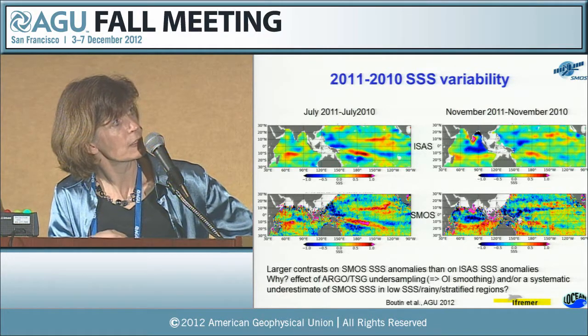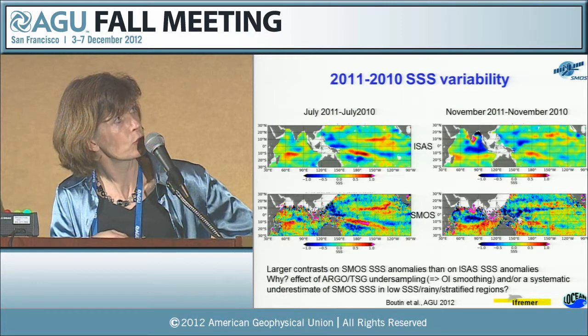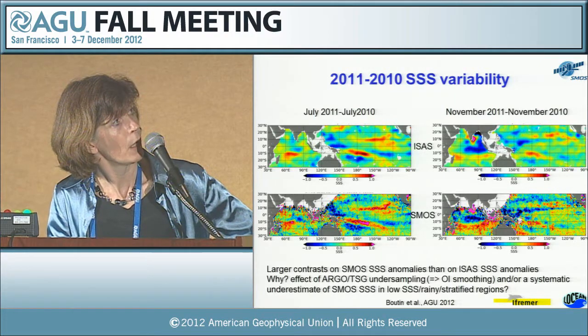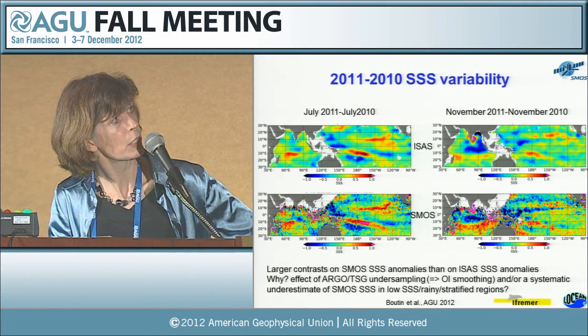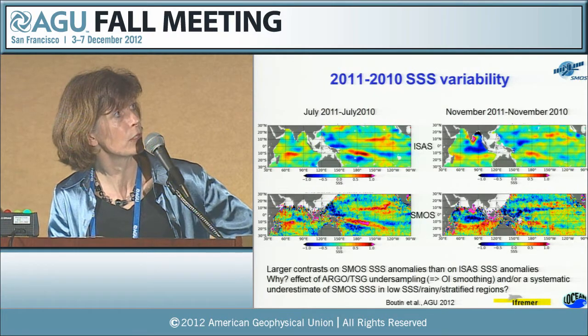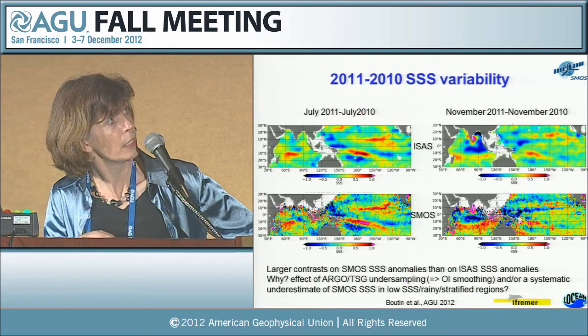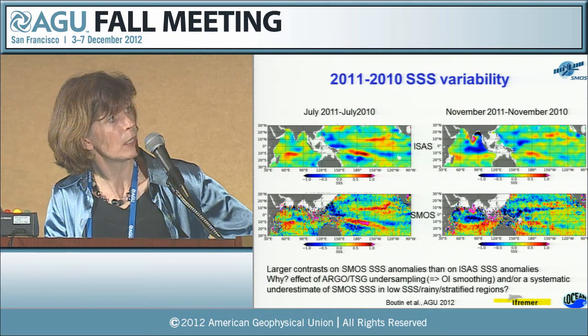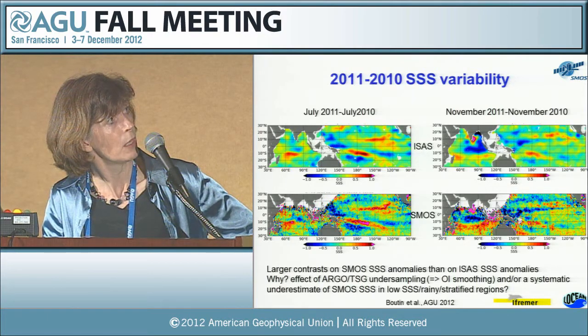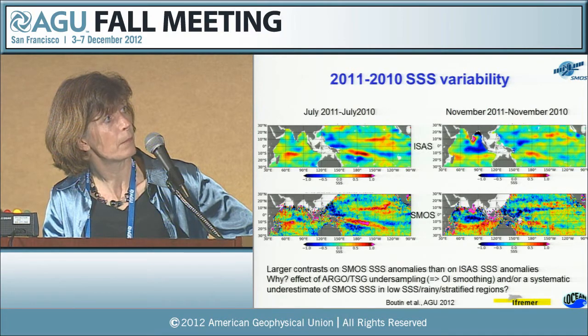And here you can see the contrast in July between the 2 years, with very large contrast, corresponding to displacements of the SPCZ and the ITCZ region. Here on the in situ analyzed salinity, and here on SMOS data. And you can see that at first order, we see the same patterns.